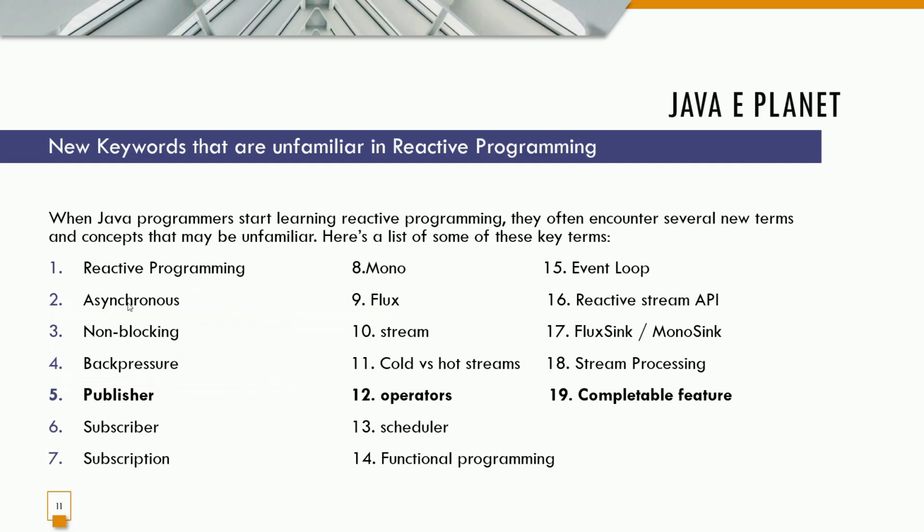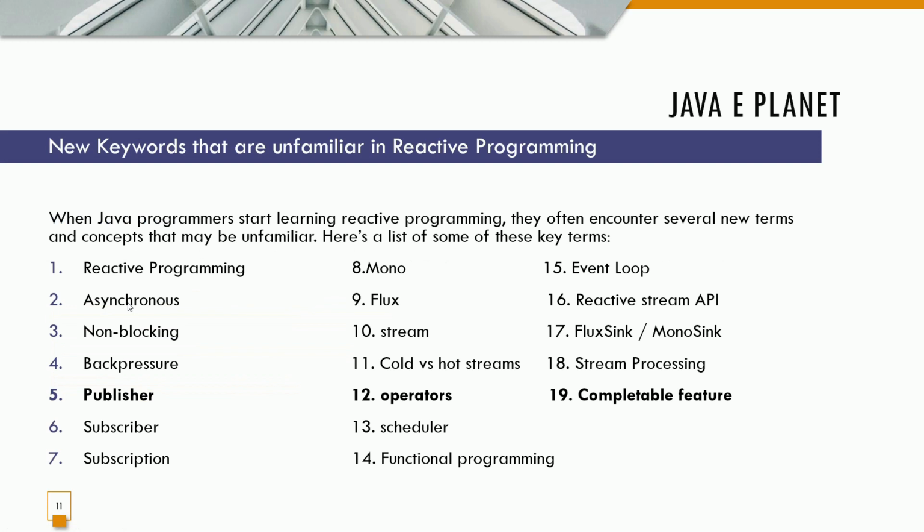Here are the new keywords that are unfamiliar in reactive programming. When Java programmers start learning reactive programming, they often encounter several new terms and concepts that may be unfamiliar. Here is the list of some of these key terms. These are keywords that we didn't hear before when we were using something like Spring MVC.